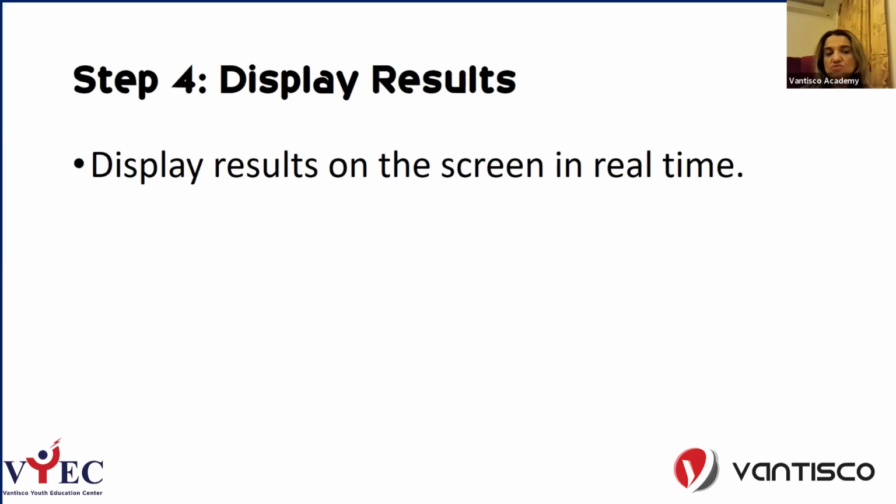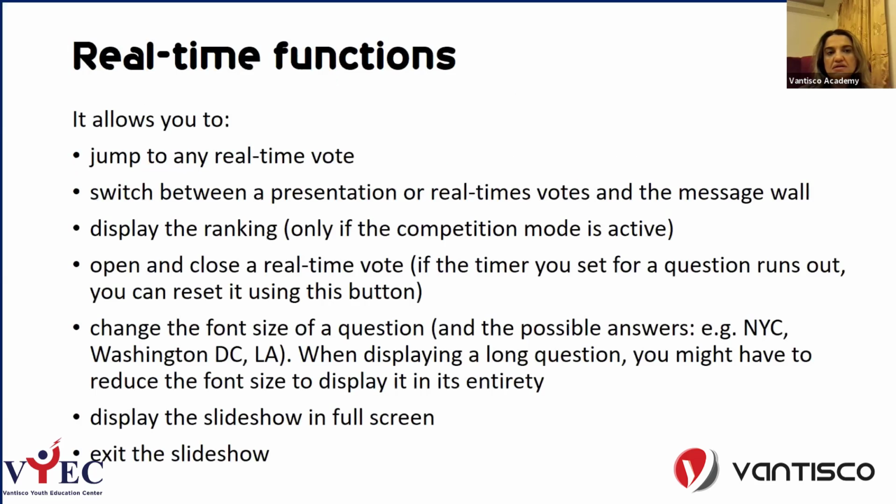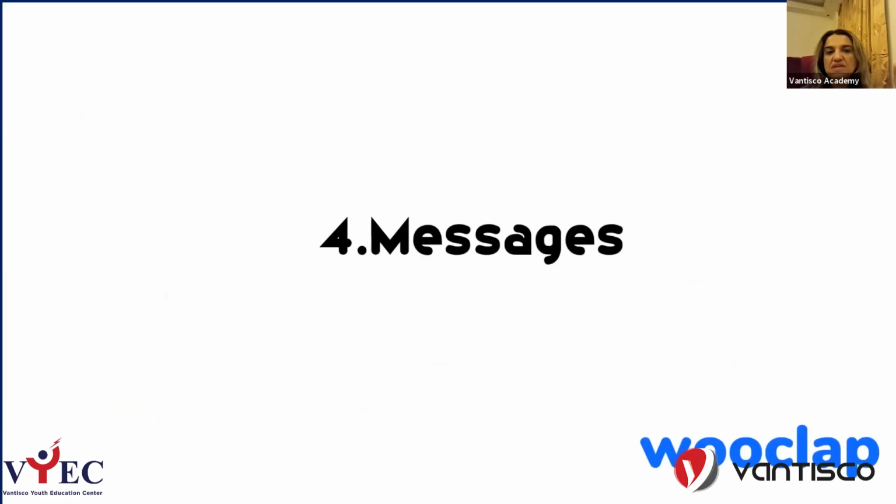And immediately we can display the results on the screen in real time, in grid or in list. Also, we said that we have different options in real-time functions. You can display the slideshow, exit, show the messages, switch between the presentation, real-time votes, and display the ranking.